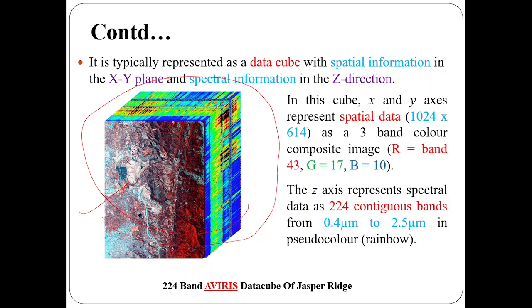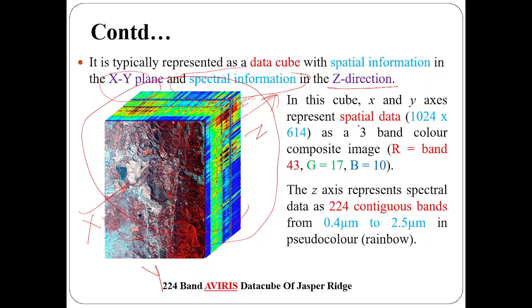If we have an image, the XY plane will cover the spatial information of the image, but the Z direction in the data cube will give the number of bands it has. So the Z direction will always give the spectral information, and the spatial information is in the XY plane.